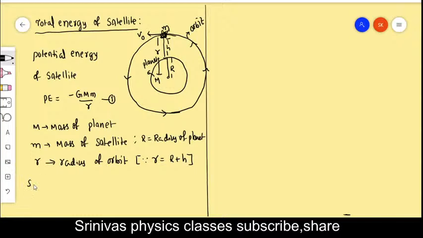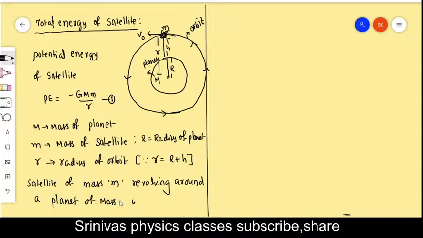A satellite of mass small m revolving around a planet of mass capital M with orbital speed v naught, right?